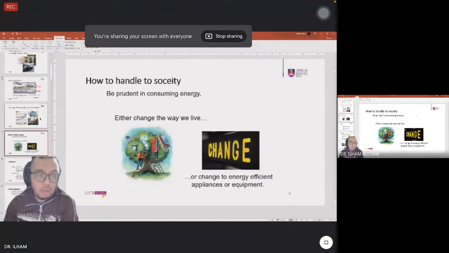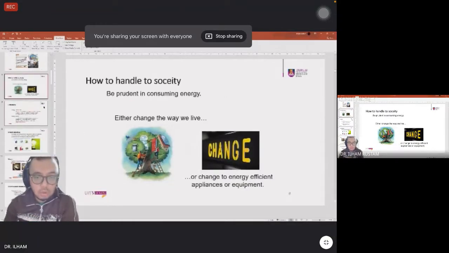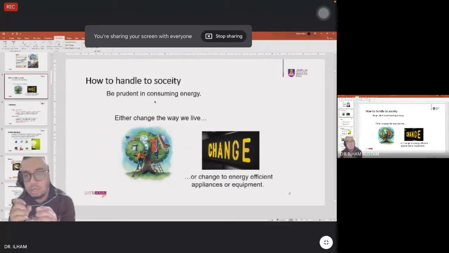So it is advisable, of course, kalau kita dengar apa black and white punya person, they will advise how to handle a society is to change the way we consume energy.